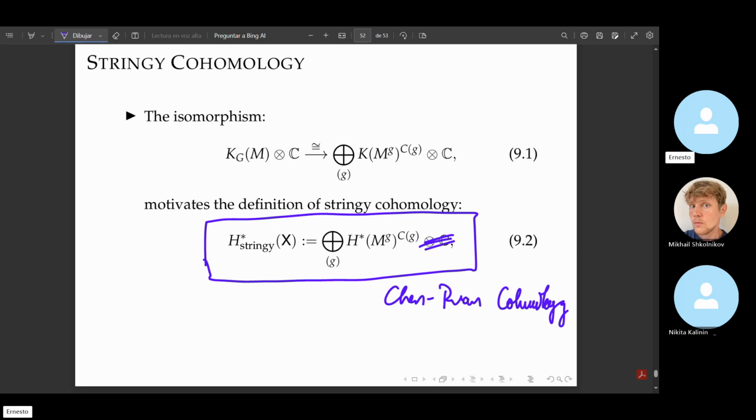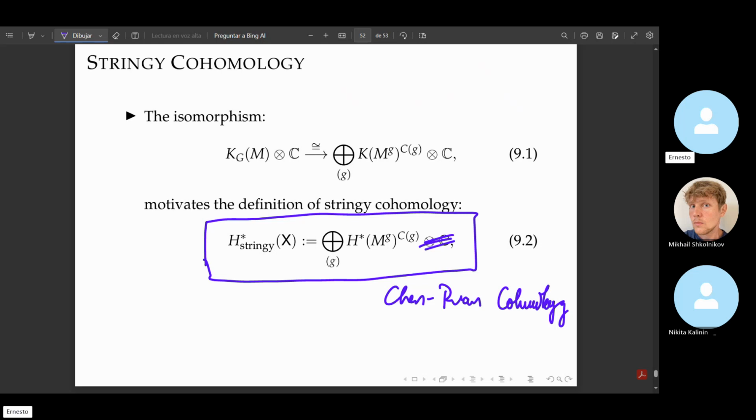So it's the definition, and this is the way I got to the definition of stringy Chen-Ruan cohomology. There are many ways to get at it. This is my way to get at it.